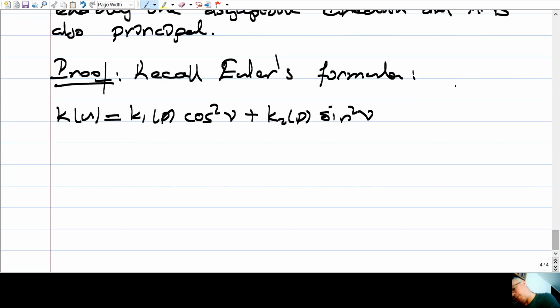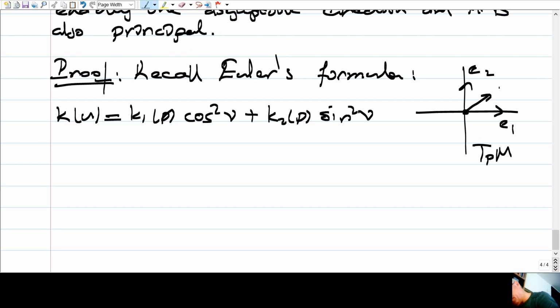In the tangent space to the surface, we have principal directions, let's say E1 and E2, and any other vector which makes angle nu with E1, then the normal curvature along that vector is given by this formula.